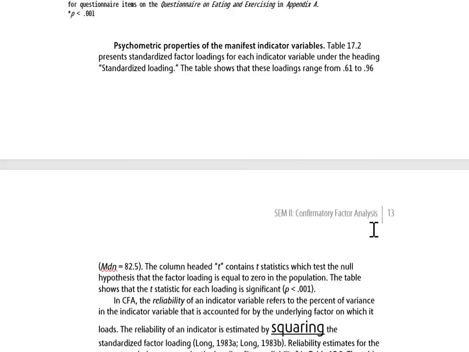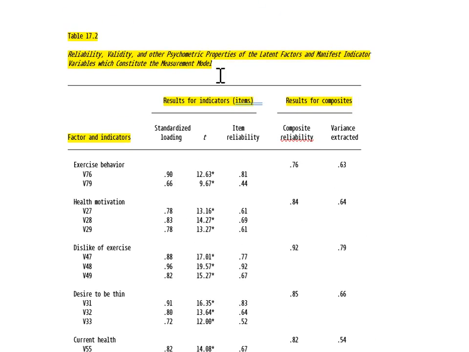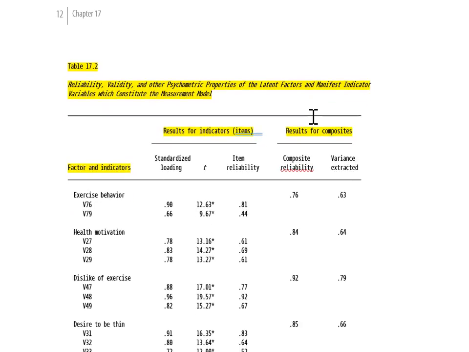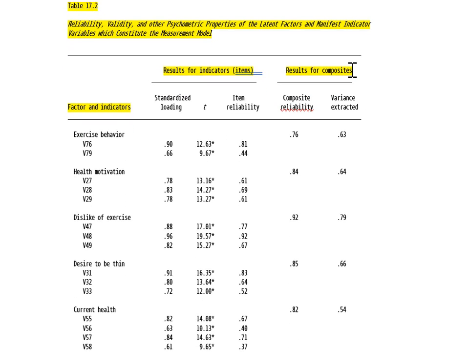What are we talking about? Let's go back to our table. This is the table that's on page 12. We're now looking under the second set of statistics, the columns that are headed Results for the Composites. Under the heading Composite Reliability, composite reliability for exercise behavior is 0.76. That's bigger than 0.70. That's minimally acceptable.